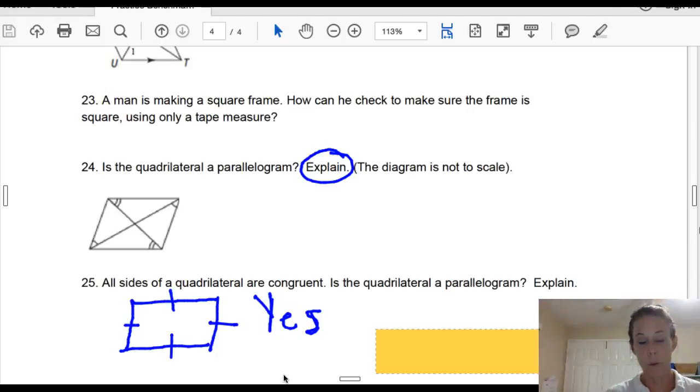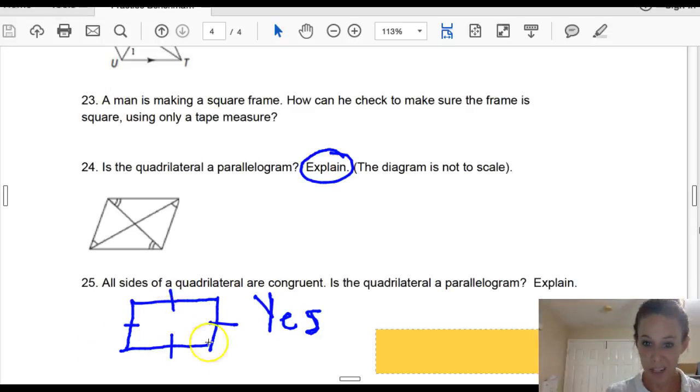If both sets of opposite sides are congruent, you have a parallelogram. So I would say yes, and this is why. If both pairs of opposite sides are congruent, then the quadrilateral is a parallelogram. So just state that theorem.